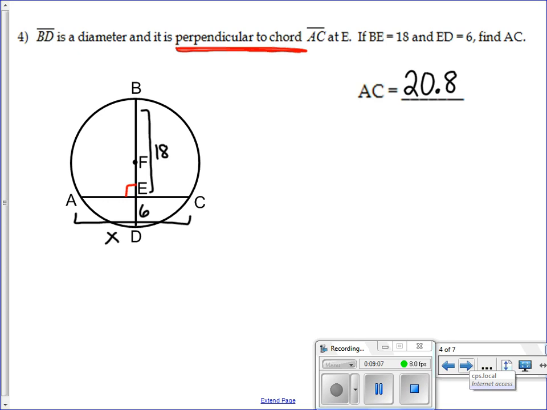Now, let's talk about those center properties that we learned. If you guys remember the center properties, there were 3 of them. One of them talked about chords being perpendicular to the center. That was property number 2.